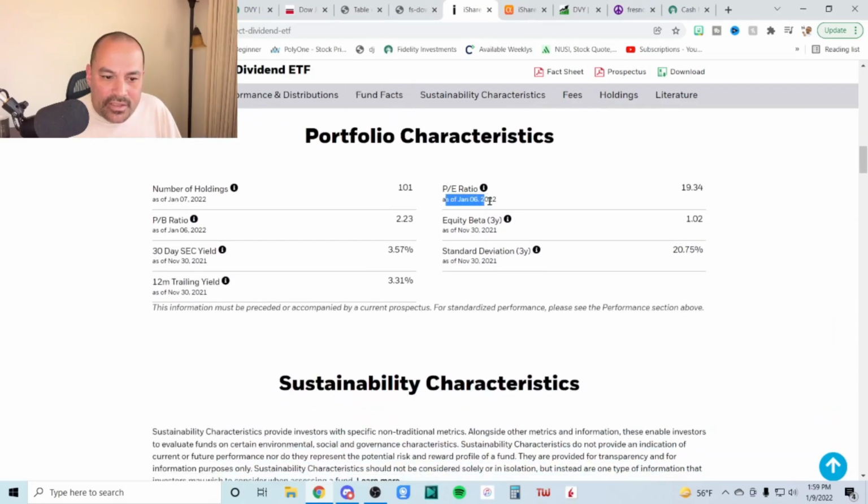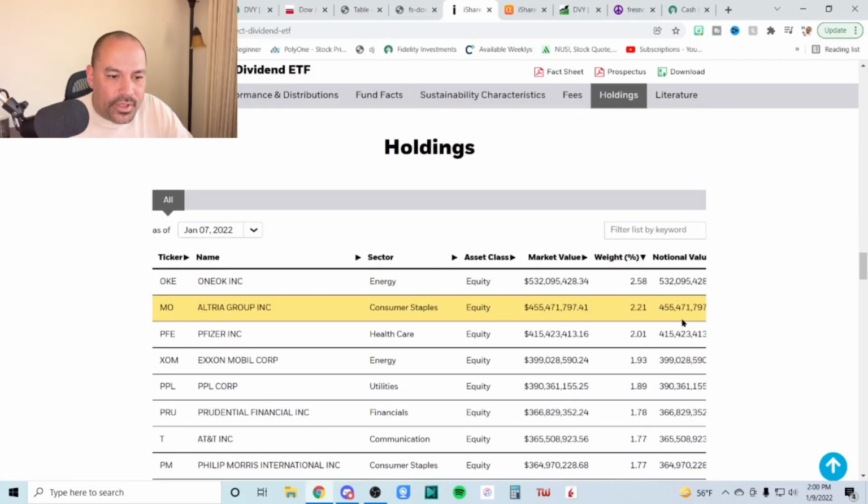PE ratio as of January 6, 2022, 19.34. So somewhat of a value fund if you consider the SPY having a PE ratio of 24 currently. 30-day yield right now, 3.57%. Not too shabby.